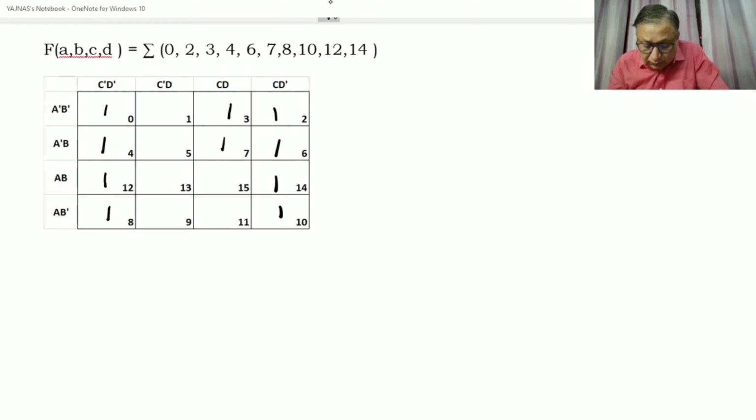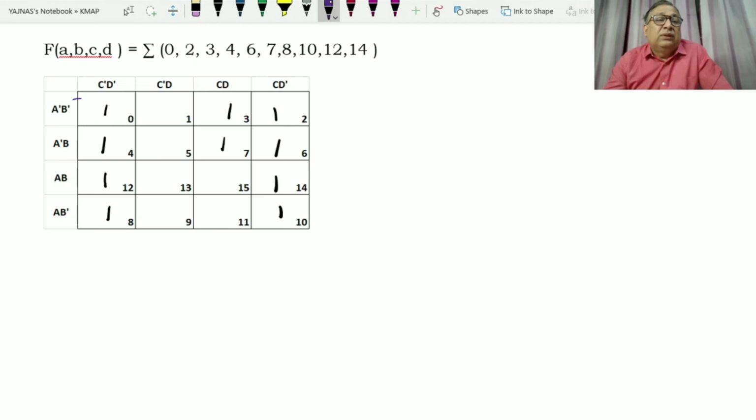Any other answer? One rolling octet is absolutely correct. This is the rolling octet. After making this rolling octet, can we see a bigger group than the pair? Can we take 2, 3, 7, 6 together? Yes, sir.